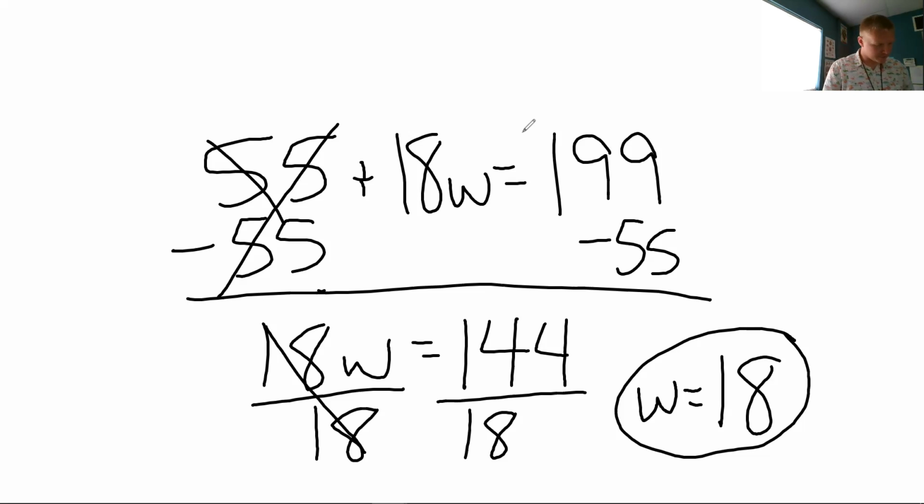It does say W equals 18. Interesting. So 144 divided by 18 equals 8. So W should be 8. I don't know why it says 18 in the book. Because 8 times 18 is going to be 144. So good catch, Logan. 8 times 18 equals 144. So that's a misprint in the book.